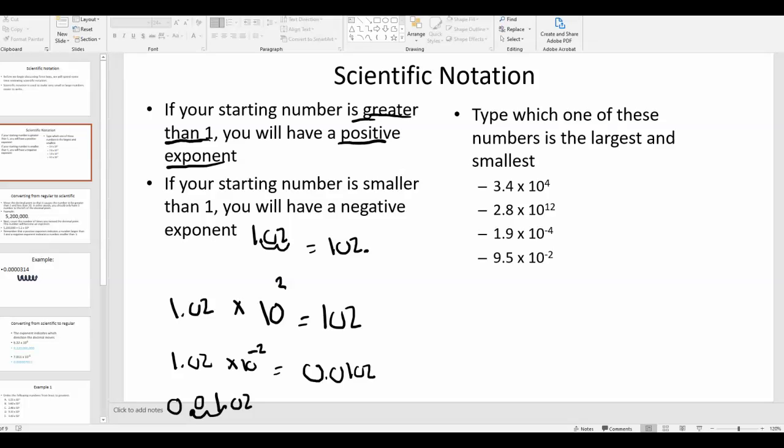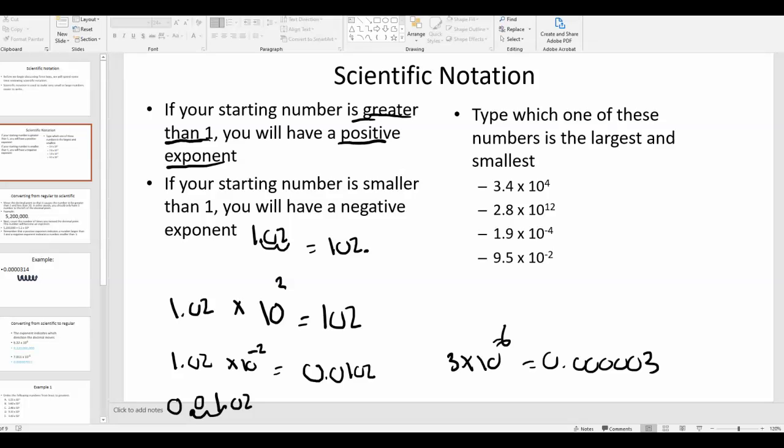Now, what is the point of all this? Well, the idea is if you have a number that's very, very big or very, very small, you can save time by writing it in scientific notation. Okay, so for example, it's easier to write, let's say, 3 times 10 to the negative 6. That's a lot easier than writing 0.000003.